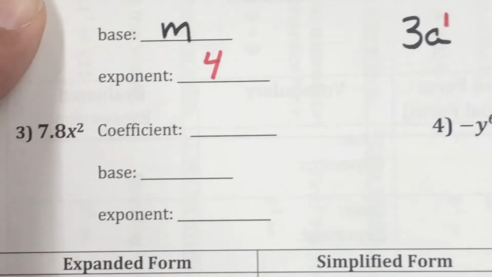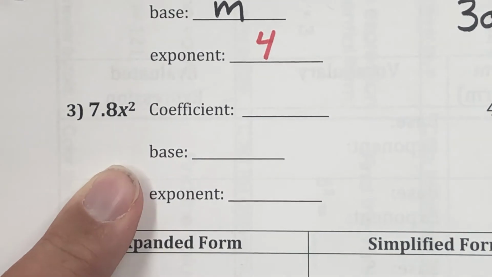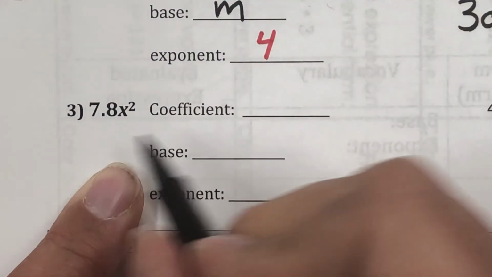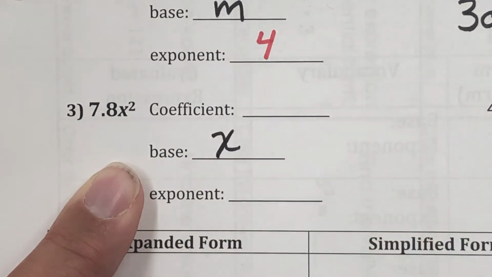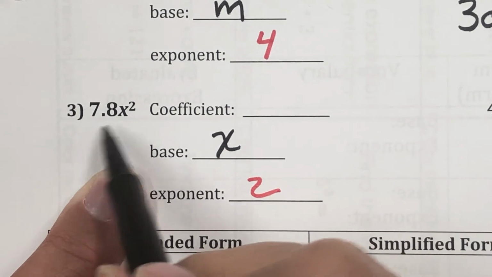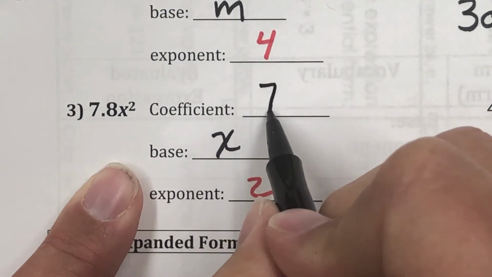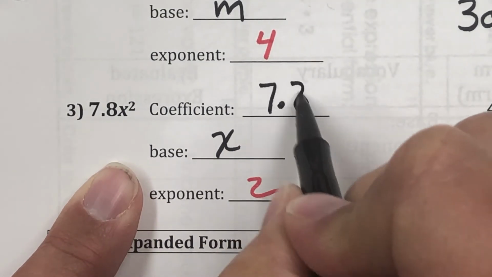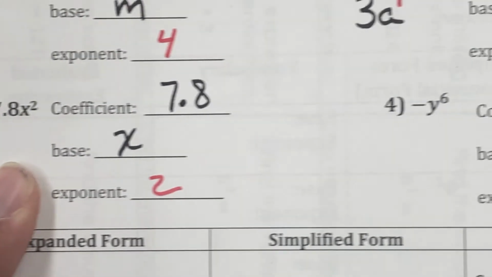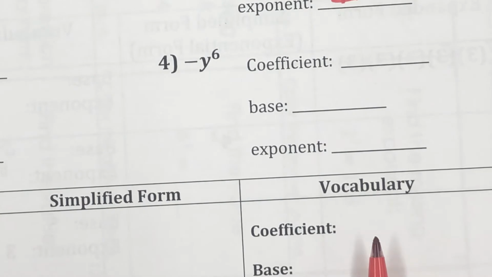Let's take a look at this one. My base is x. My exponent is 2. And the 7 8/10, that's the coefficient. The whole thing, 7 8/10. Now this one is another one of those tricky ones that I'm going to rewrite.